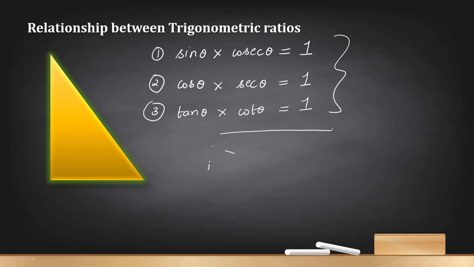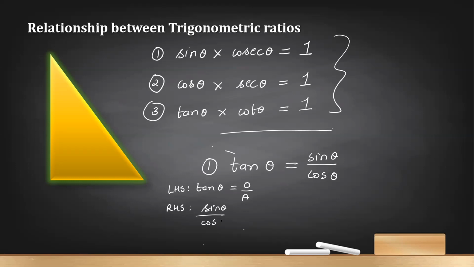So for that, we have number one, that tan theta is always equal to sine theta upon cos theta. Now, how do we prove this? Let us start. What is your LHS? LHS is tan theta. And we know tan theta is opposite upon adjacent. Now, as far as the RHS is concerned, we have sine theta upon cos theta.